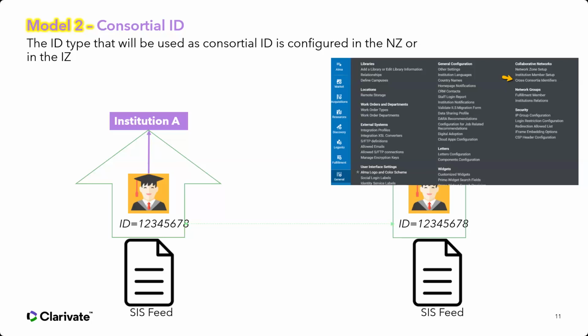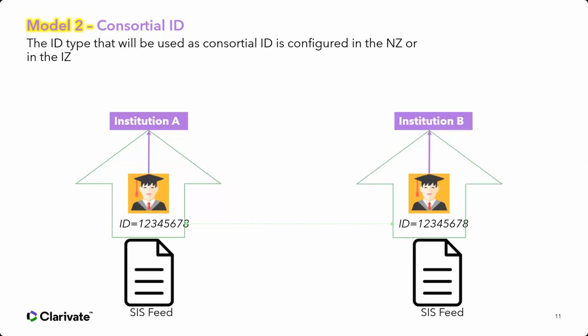And the way that this is managed is that when records are uploaded into different institutions with the same primary ID, Alma knows that if the setup has been activated, these accounts are owned by the same person. Alma knows it because these accounts have the same primary ID, and the consortial unique ID configuration has been set up.